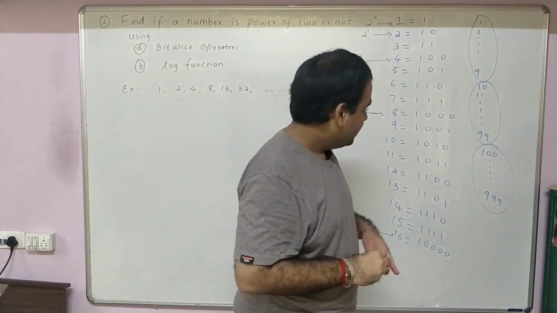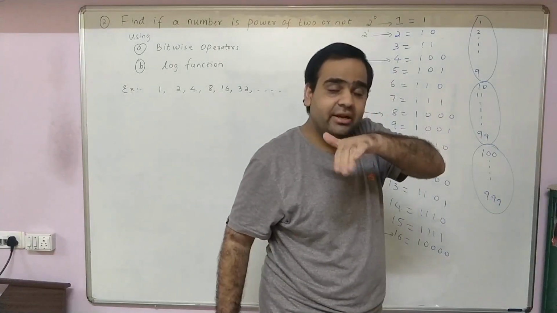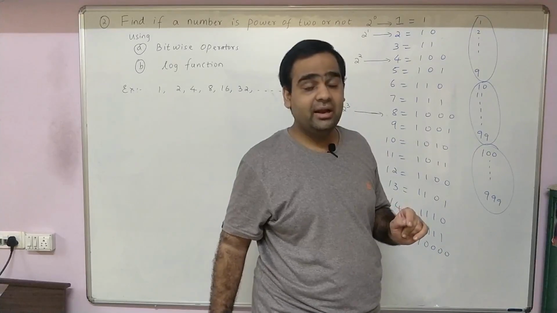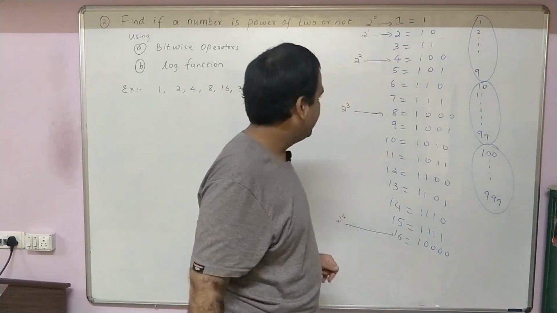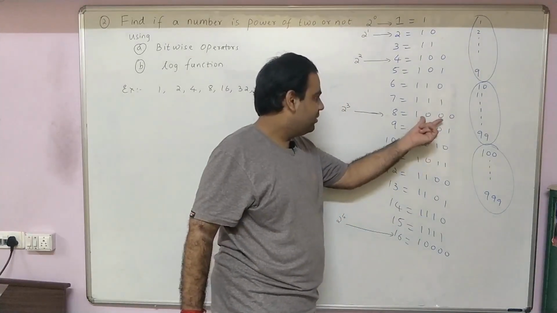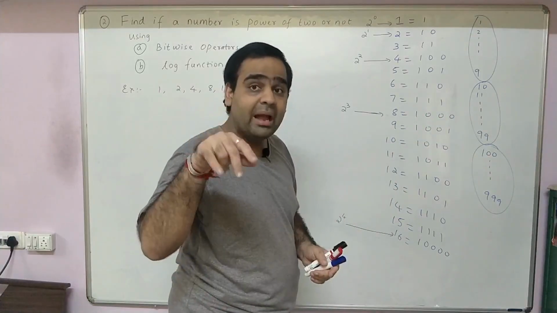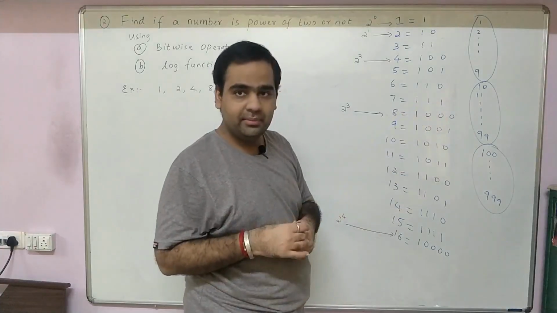If 100 is the least 3-digit number, the maximum 2-digit number will be 99. Similarly here, the minimum 4-bit number is 8. What is the maximum 3-bit number? All 1s.